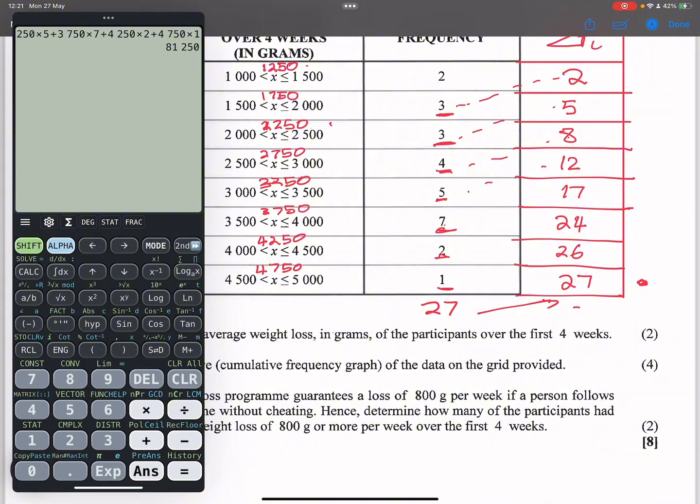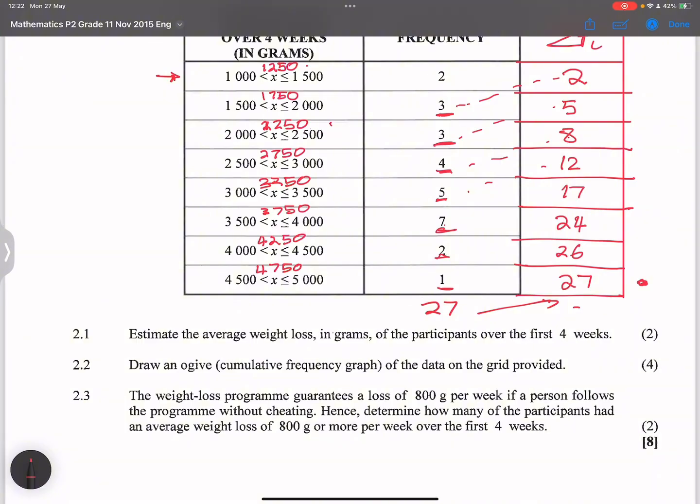So I'm going to divide this by 27, okay, and I get 3009.25. So my estimated mean would be 3009.27. That is the estimated mean, and that's how you calculate it.